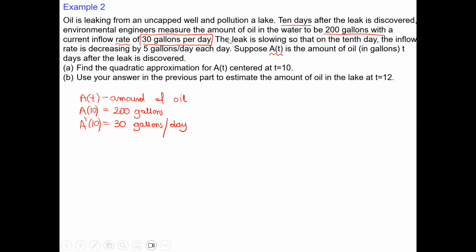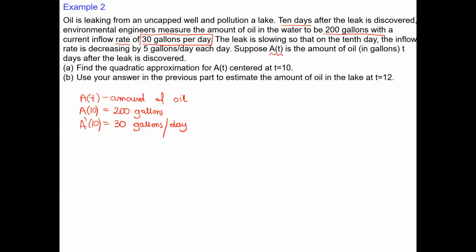Now, let's continue. The leak is slowing, which means it was increasing, but it's slowing. So on the 10th day, the inflow rate is decreasing by 5 gallons a day each day. Based on the units, we have time, days squared. We may think that this is the rate of change of the rate of change, which is the second derivative.